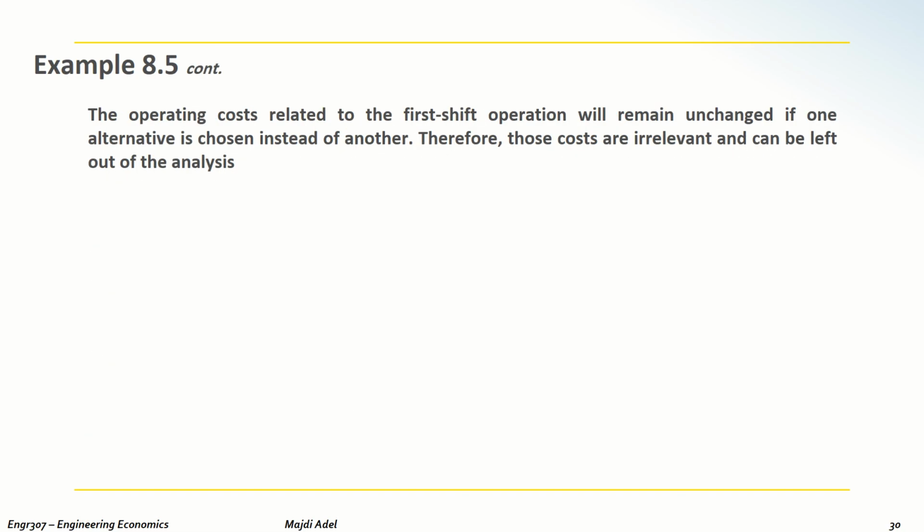Now, to analyze the problem. The operating cost for the first shift will remain unchanged for both options. Since the first shift's operating cost is common to both options, it stays constant and will not change. Therefore we can exclude it from our decision.